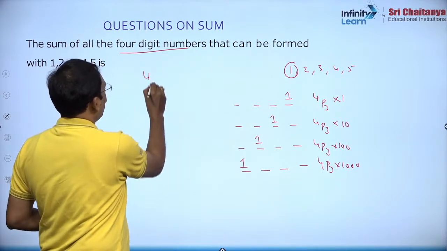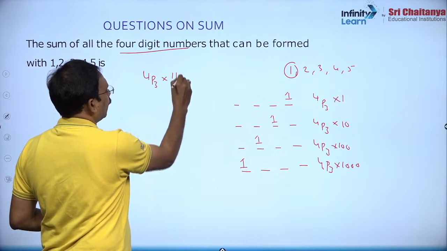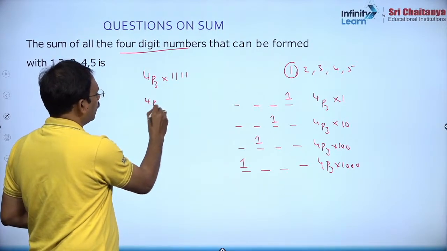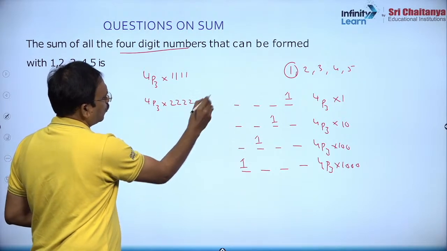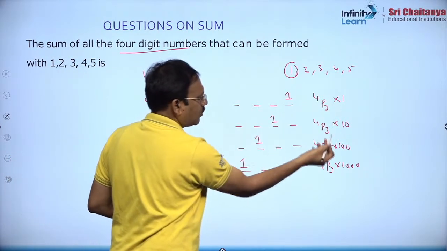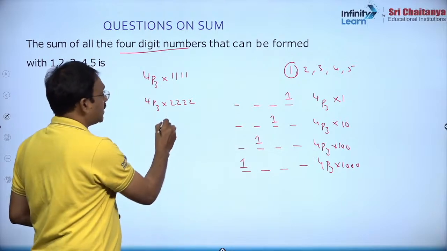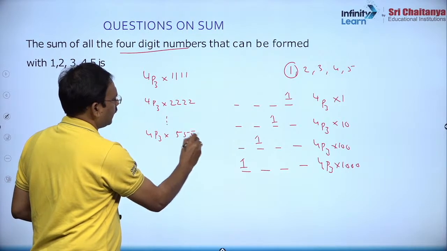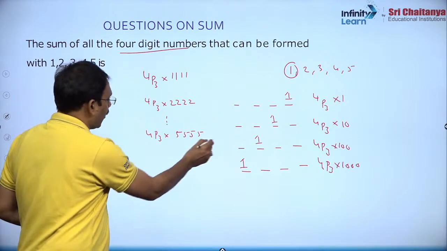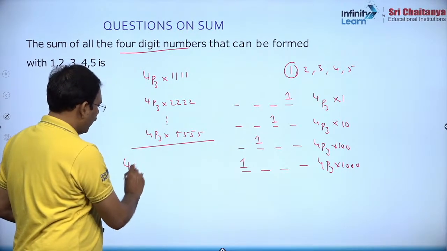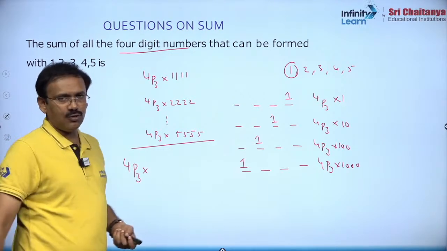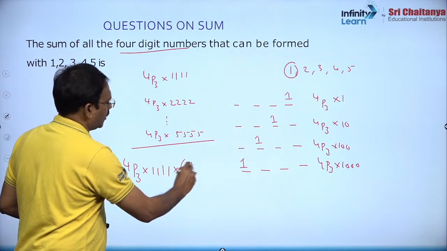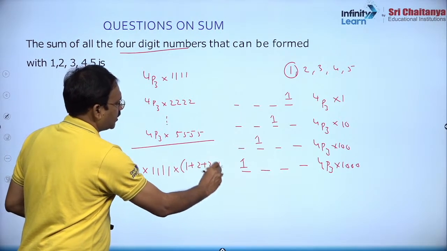It is 4P3 into 1111. Similarly, the sum due to 2 is 4P3 into 2222, because it is 2, 20, 200, 2000. In the same way the sum due to 5 is 5555. Sum of all these, you will get 4P3 into 1111 into the sum of all the digits, 1 plus 2 plus 3 plus 4 plus 5.